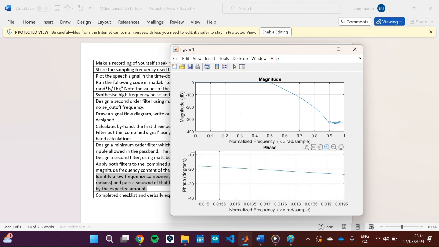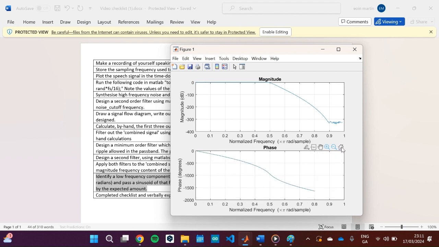Just looking at the wrong axis there. What is that? Right.